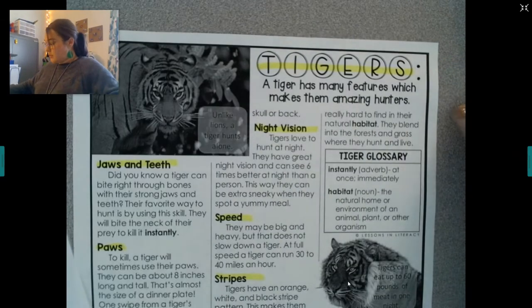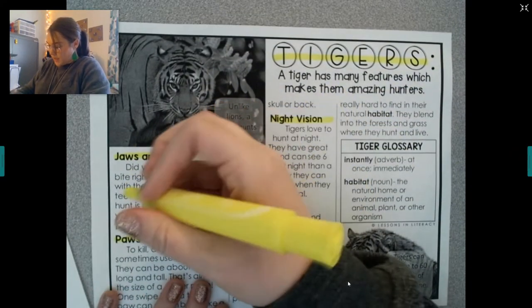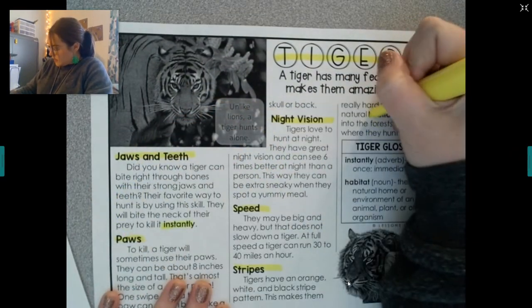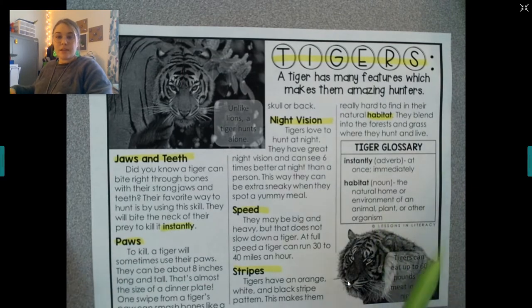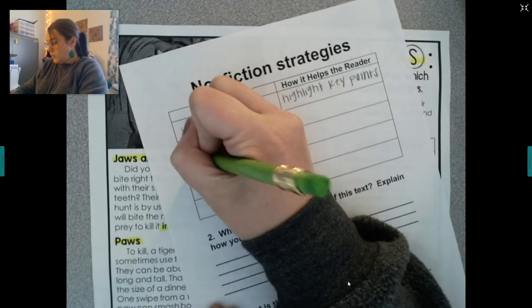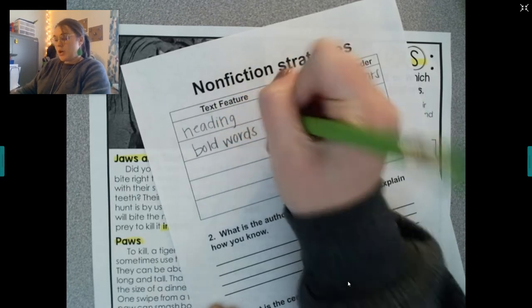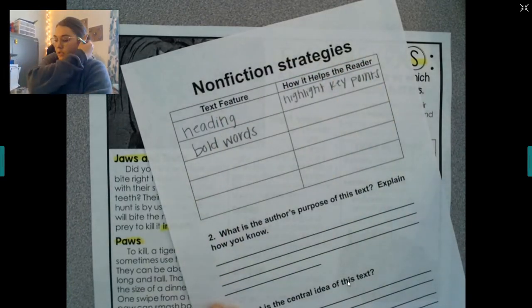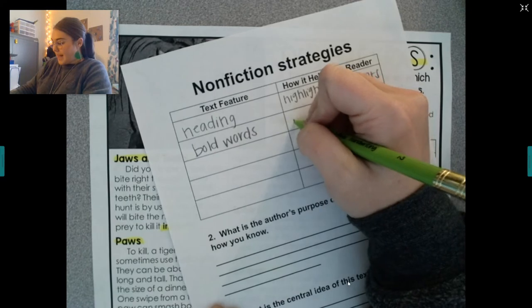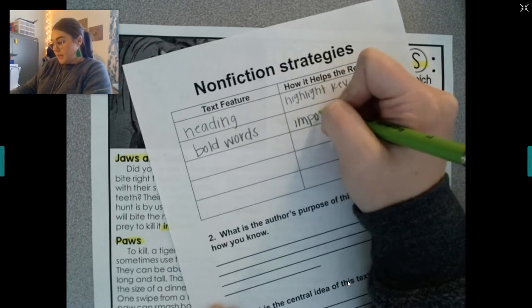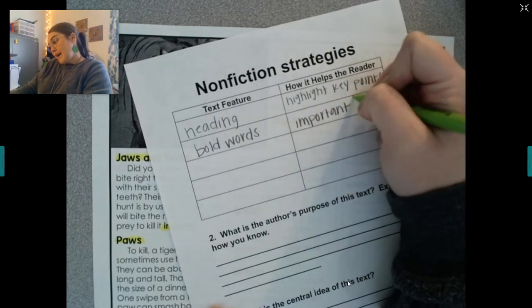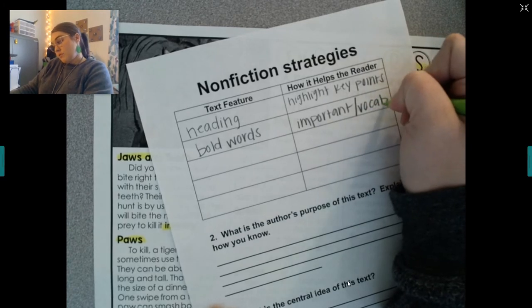Okay, so now I see bolded words, instantly and habitat. So I see bold words. That is a text feature. Those bolded words show me that they are important. They might be vocab that I don't know.